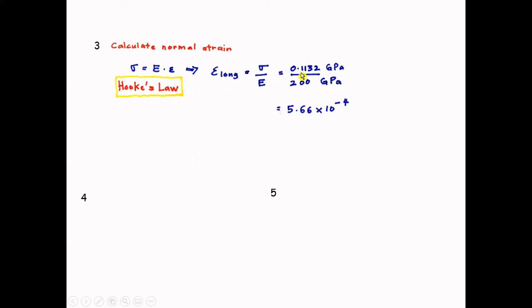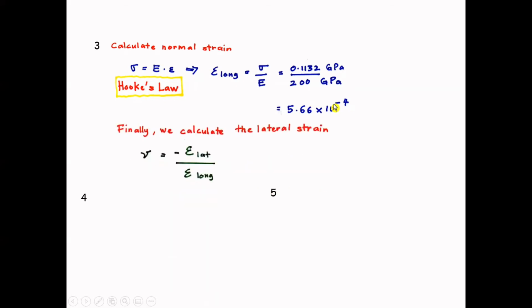That is 0.1132 gigapascal divided by 200 gigapascal, and the value that we get is 5.66 times 10 to the power of negative 4.